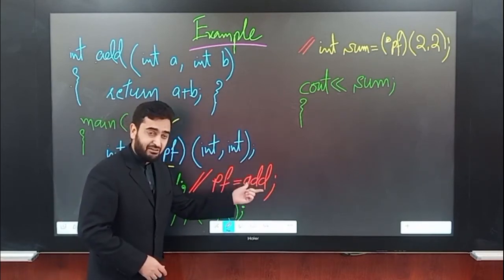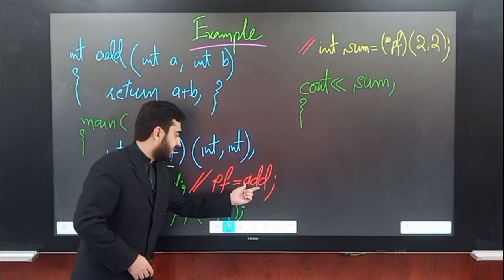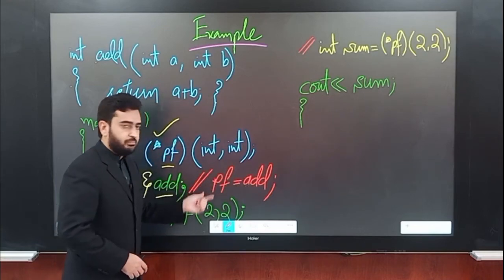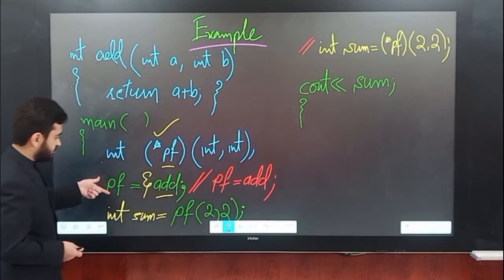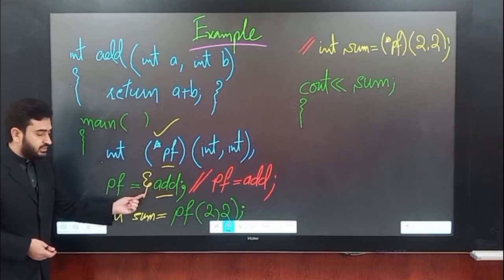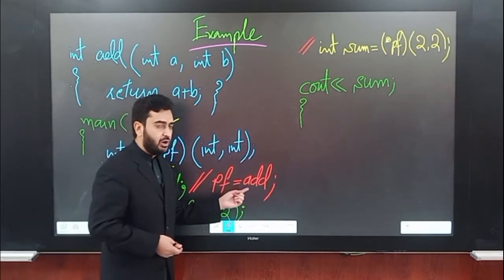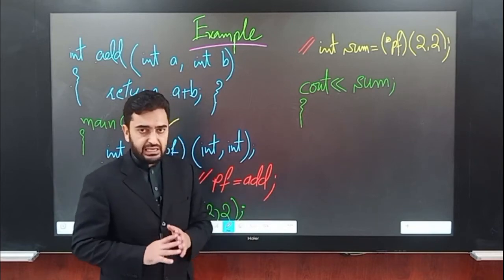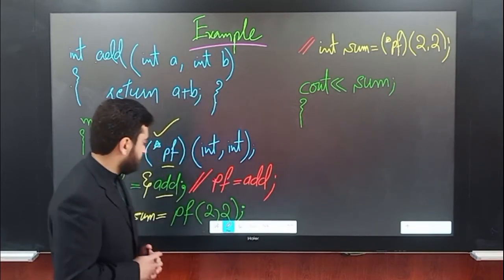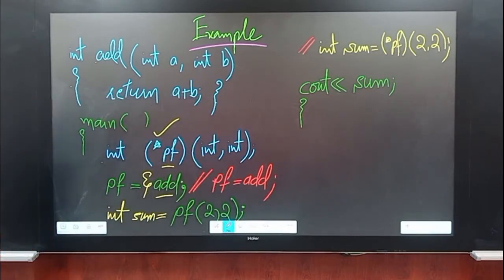The name of the function is then assigned as the address of the function into pf. So you have two options: one with the ampersand sign, and the second without the ampersand sign. Both are legal and you can use them in your C++ language.